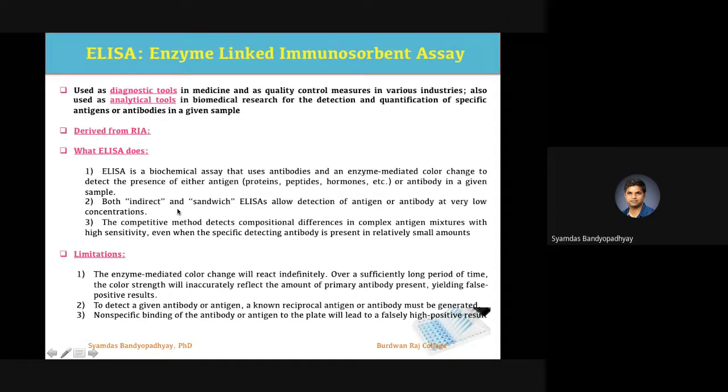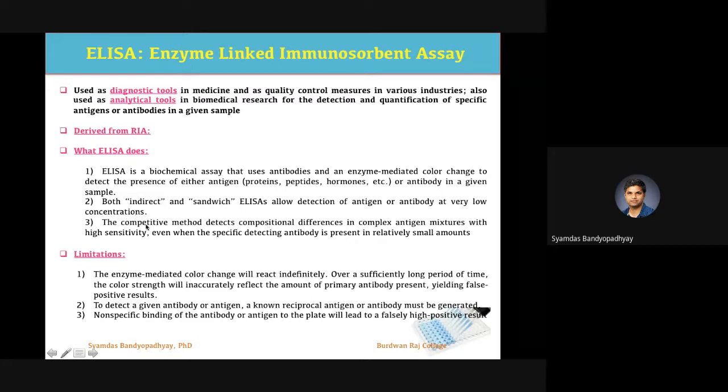color. Now number two, both indirect and sandwich ELISAs allow detection of antigen or antibody at very low concentrations. We have not discussed the indirect and sandwich ELISA till now, so we'll touch upon those variations of ELISA subsequently. The competitive method detects compositional differences.